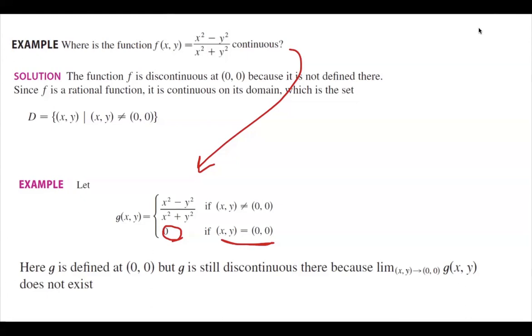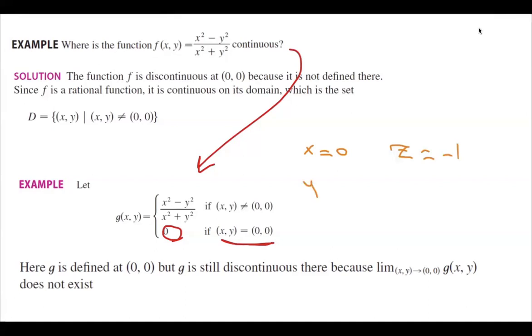So remember that to be continuous at a point, you have to have the limit exist. Remember how we discussed this. If you set x equal to 0, then you have a constant function z equals -1.